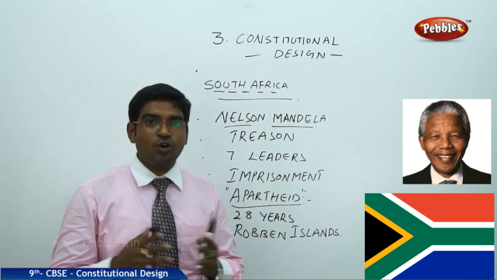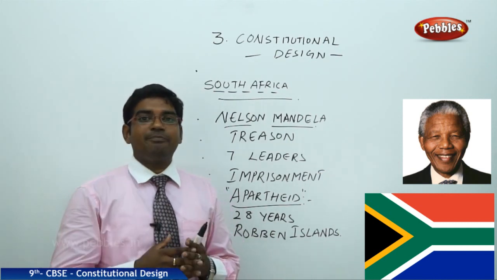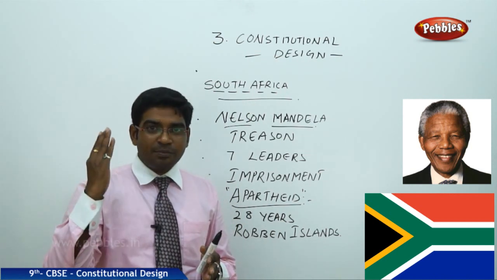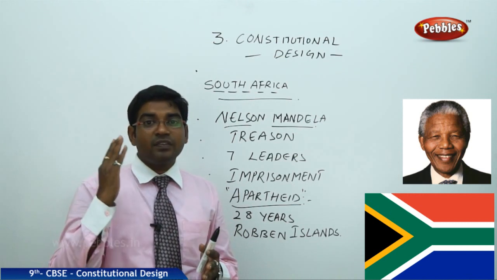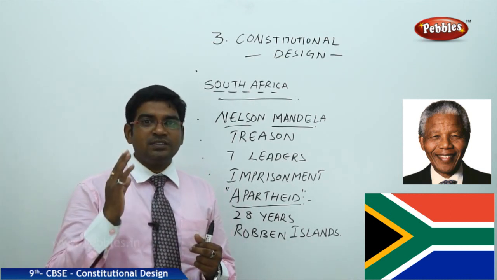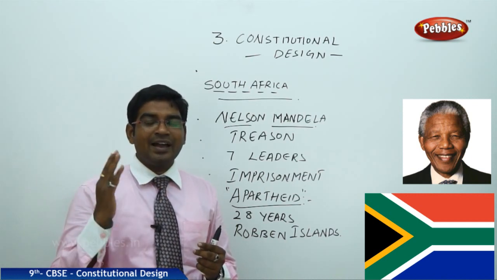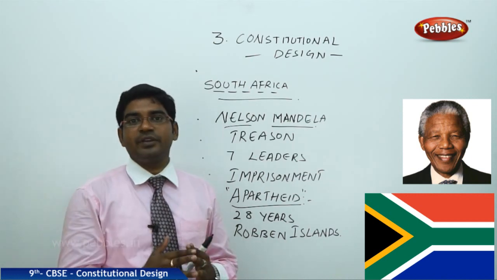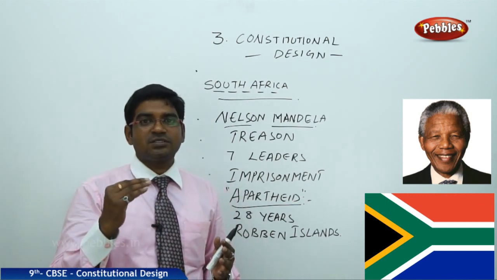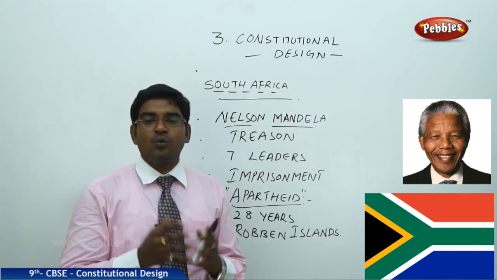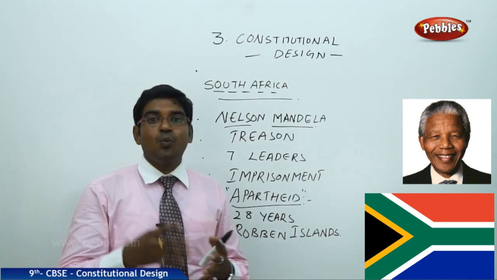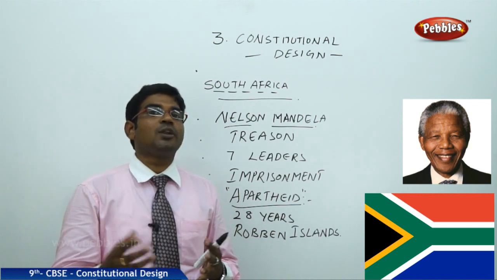In 1964, Nelson Mandela started a struggle to end the policy of apartheid. This policy of apartheid has to be ended because it is truly against the basic rights of human beings. Someone cannot judge others just on the color of the skin, over which no person has any control, which he acquires naturally.